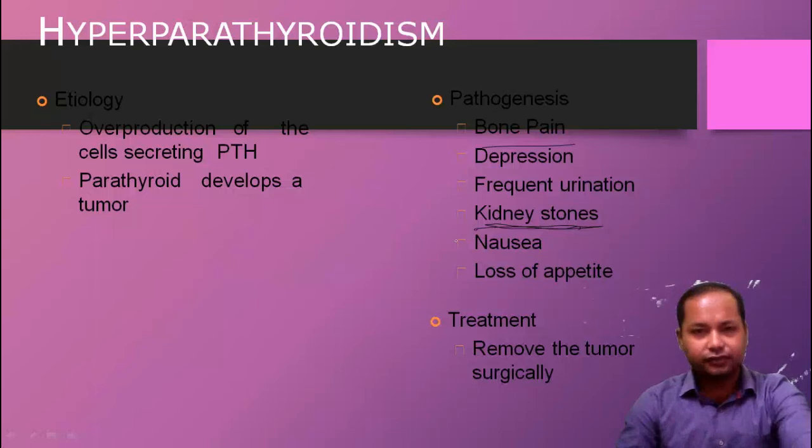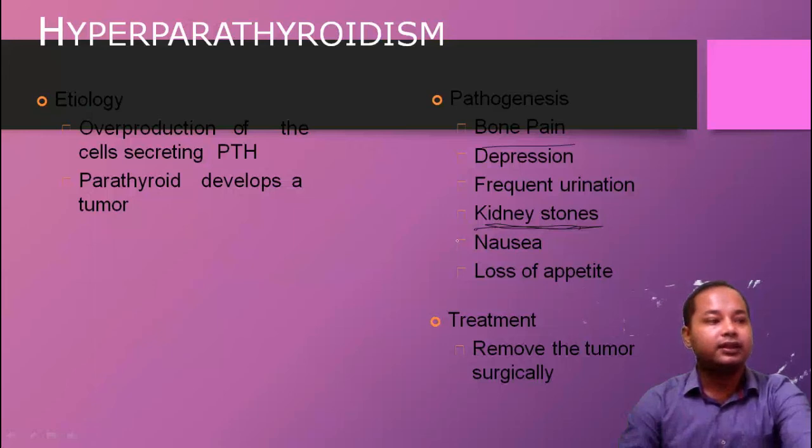There are different kinds of stones, which you will come to know in the surgery part. Just remember that parathyroid hormone in excess will lead to mobilization of calcium from the bone, resulting in brittle bones.